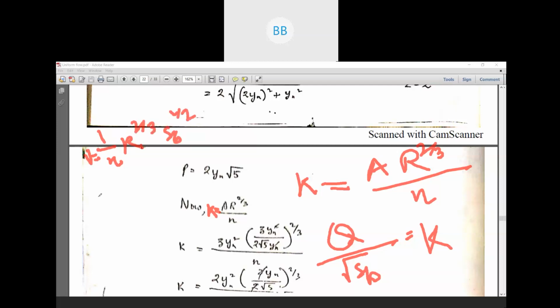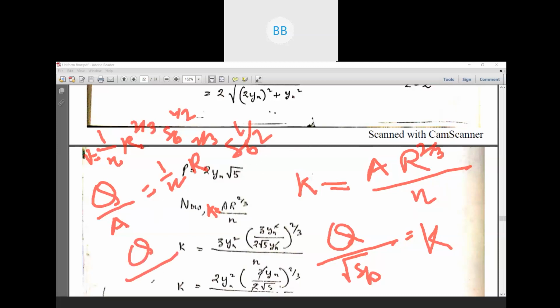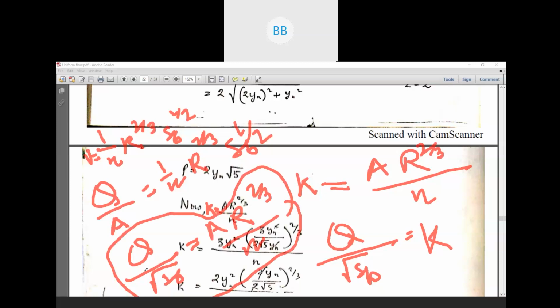In place of velocity we can write discharge by area, equal to 1 by n R to the power 2 by 3 Sb to the power half. So you bring Sb to this side, Q by root over Sb, and area to the right hand side. It will be area multiplied by R to the power 2 by 3 divided by n. This Q by root over Sb is nothing but your K.